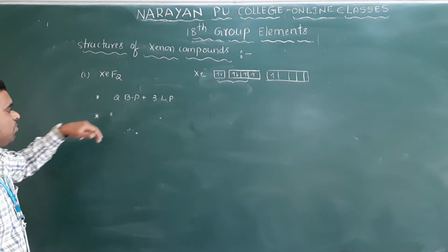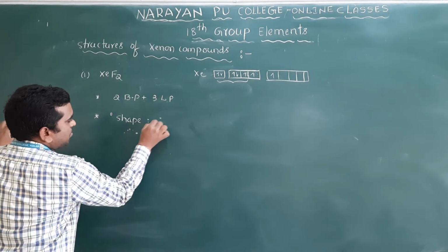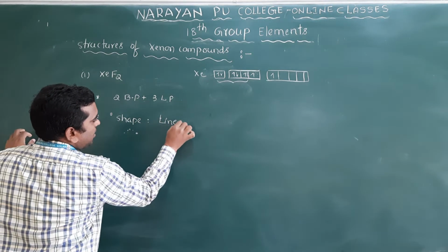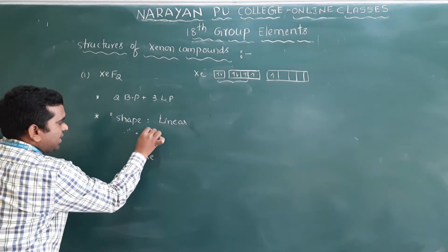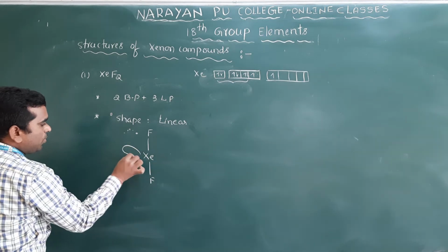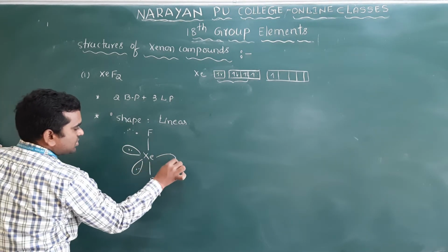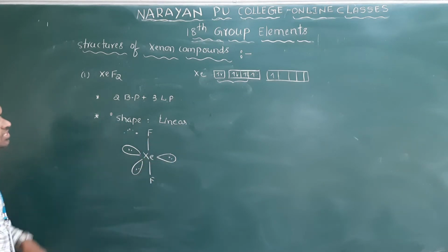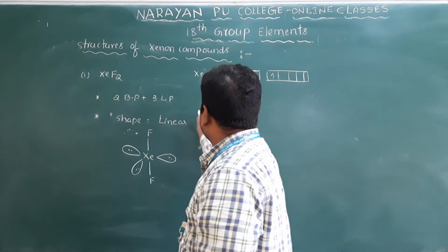If I write xenon here and fluorine and fluorine, this is linear, with 3 lone pairs on xenon. This is XeF2.